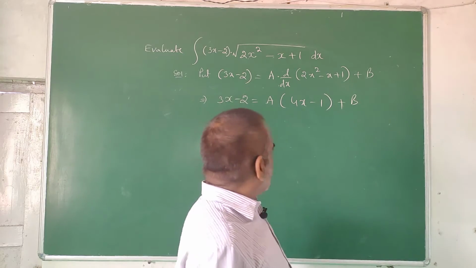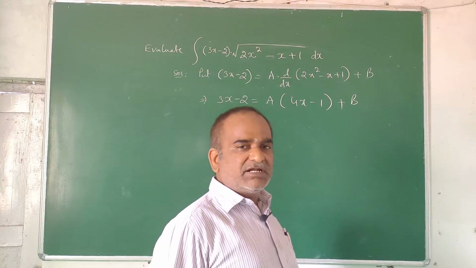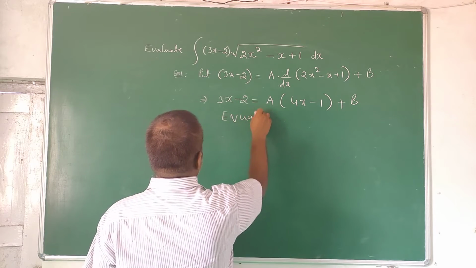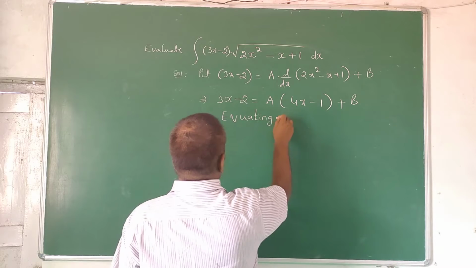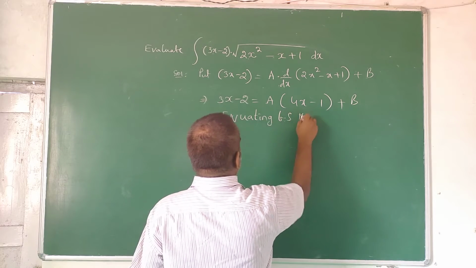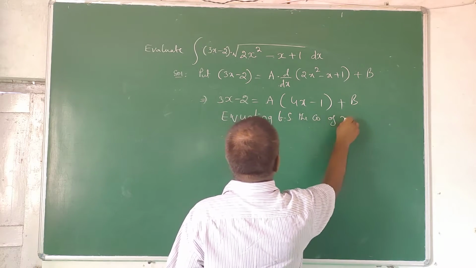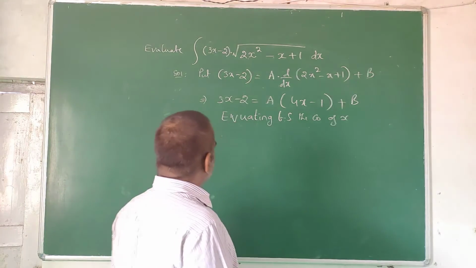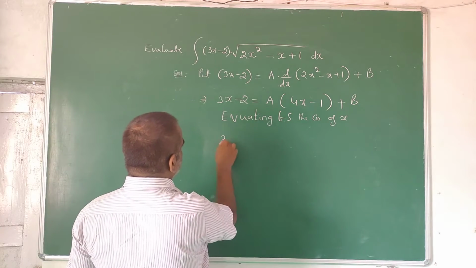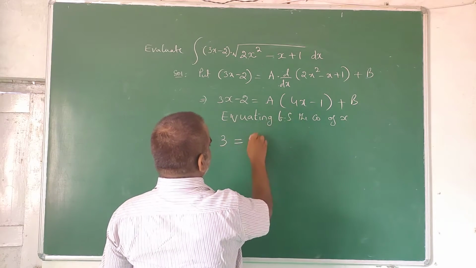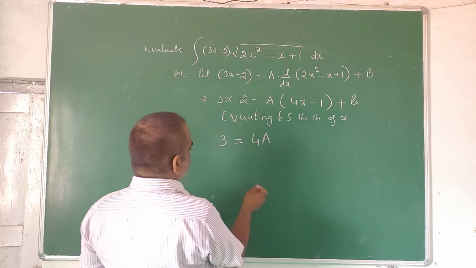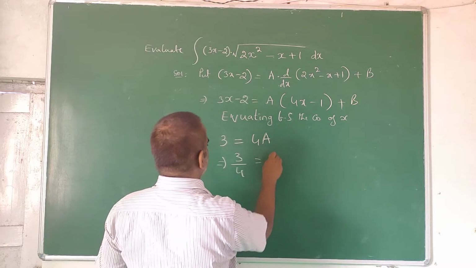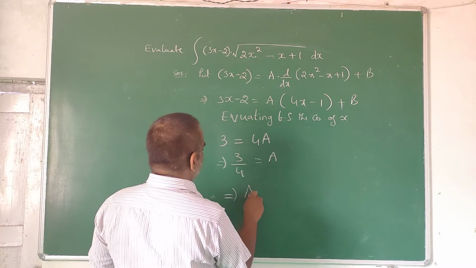Now equating both sides the coefficients of x, this side the x coefficient is 3, so 3 is equal, this side x coefficient is 4a, this implies 3 by 4 is equal a, implies a is equal 3 by 4.